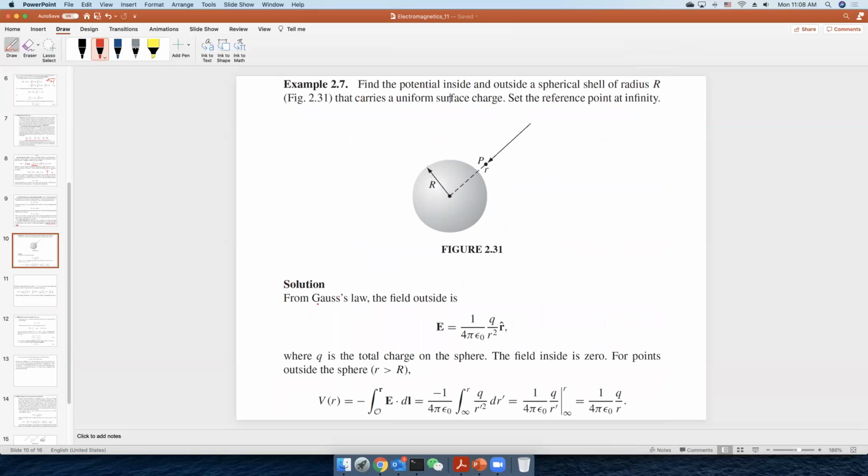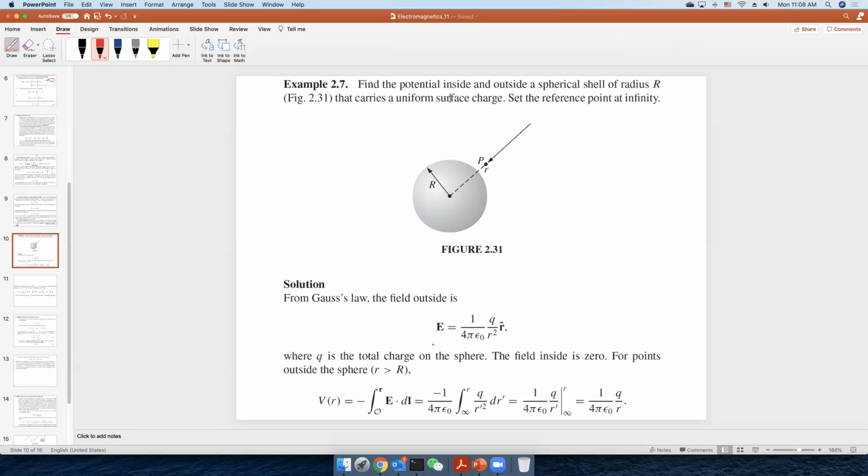First, from Gauss's law, the field outside is E equals this equation. We solved this equation using Gauss's law in the previous lecture. It's also the Coulomb equation. But remember that this equation is true only when the field is outside.